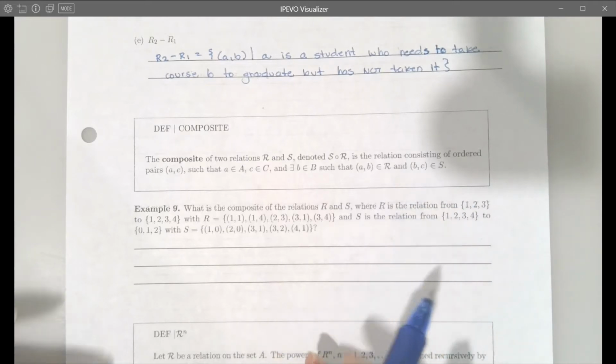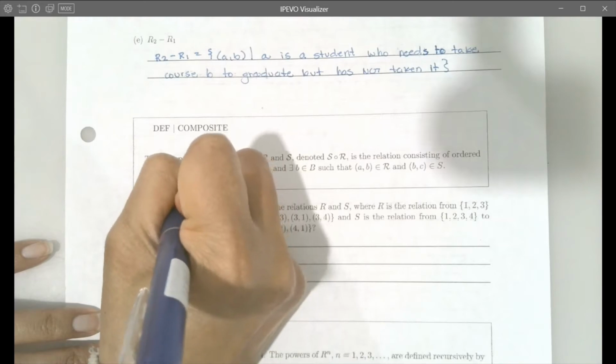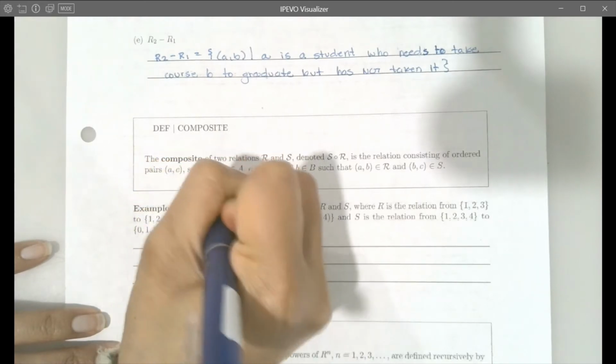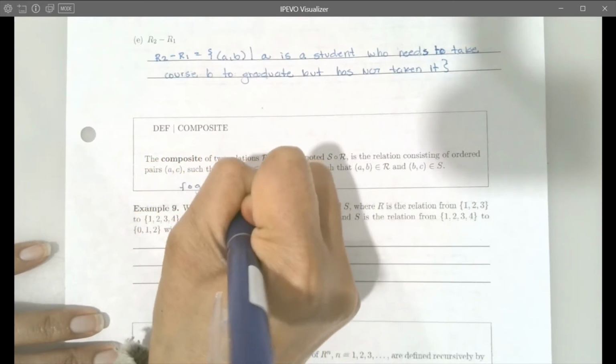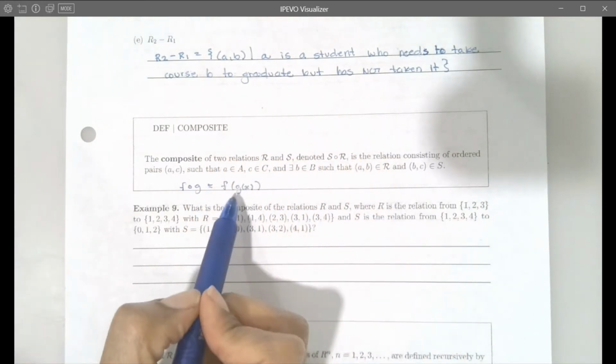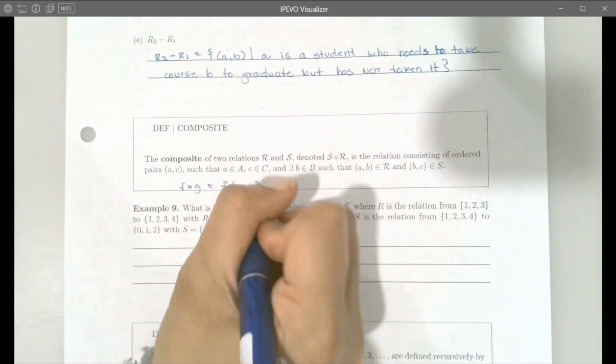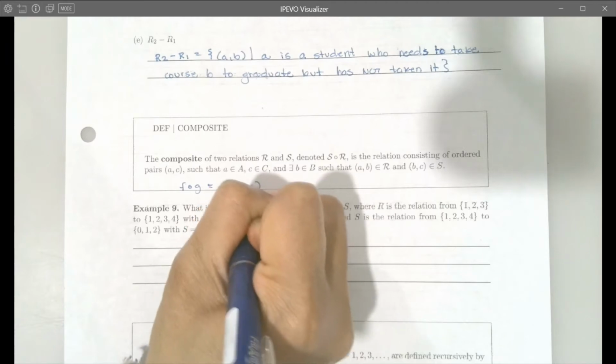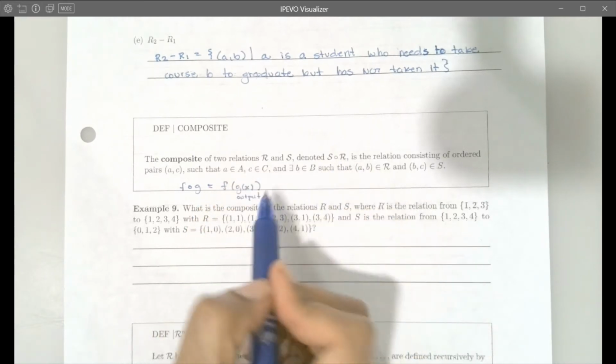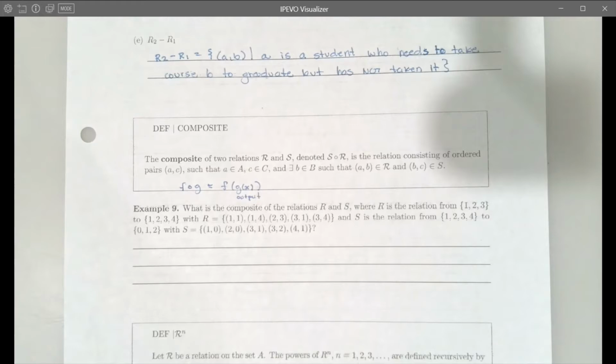Okay, so if you recall from functions, whenever we saw f of g, that meant that g was passed in as an argument into f. So that meant that the output of g of x had to be part of the domain of f.